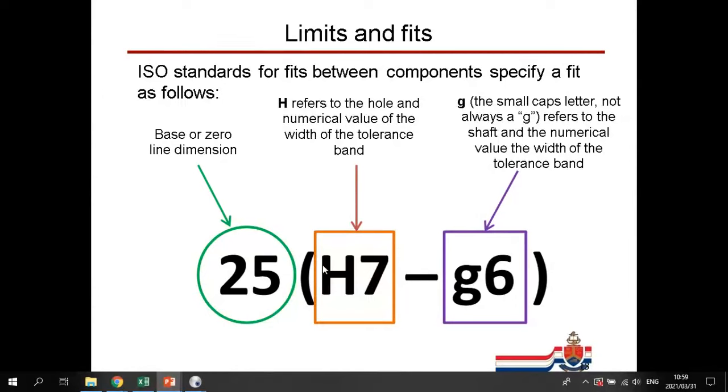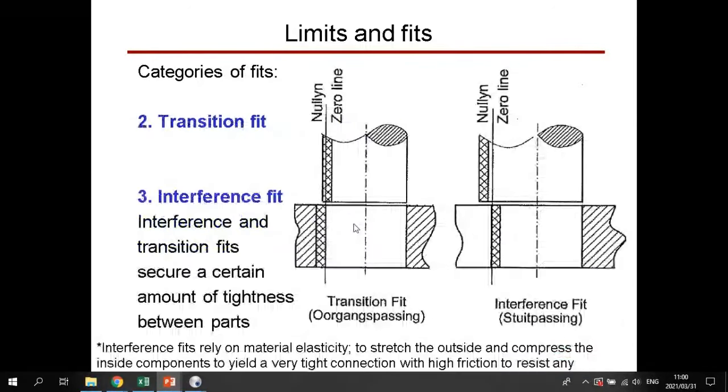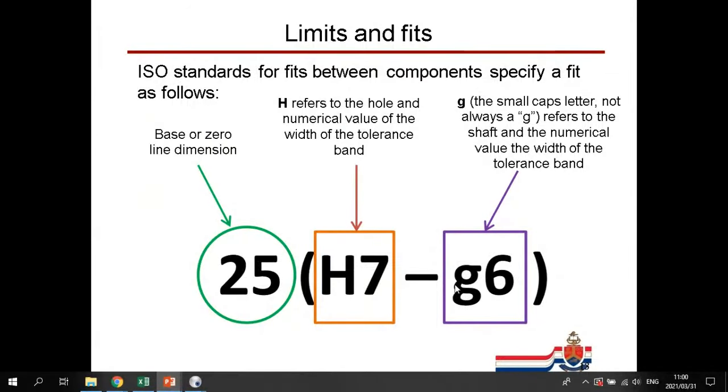The tolerance specifies allowable variation for the hole, and it specifies allowable variation for the shaft, and these letters actually specify the fit category. So we had clearance fit, transition fit, interference fit. That's actually specified by this value over here.